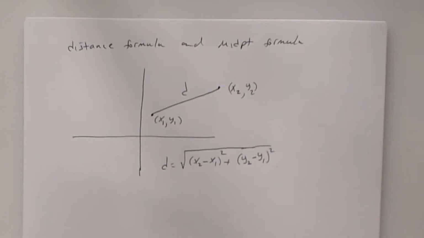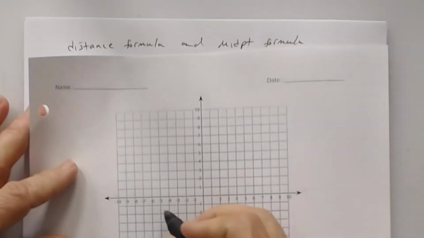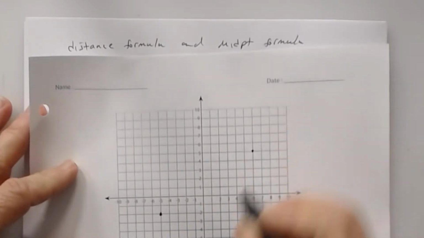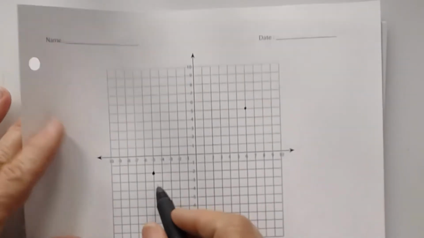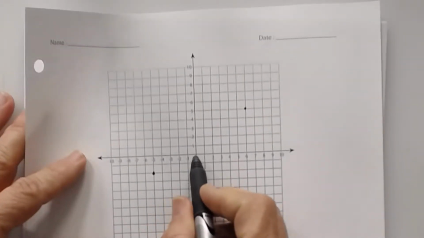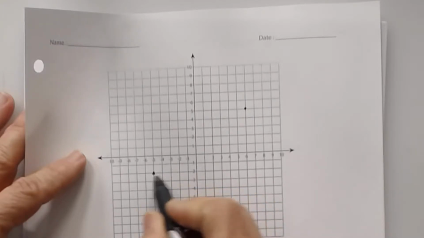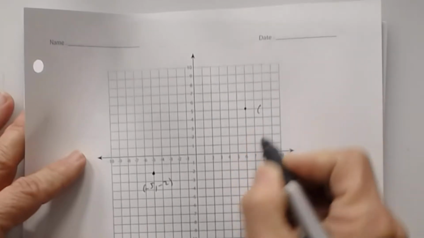So if you were asked to, let's say I have this point here and this point here. And the coordinates of this point are negative 5 what? Can you see it from here? Negative 5, negative 2. And the coordinates of this point, can y'all see it?